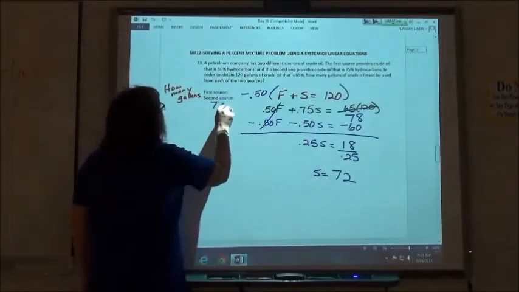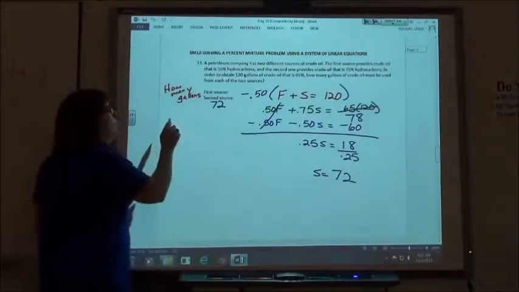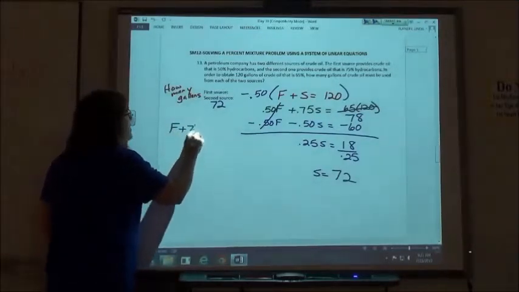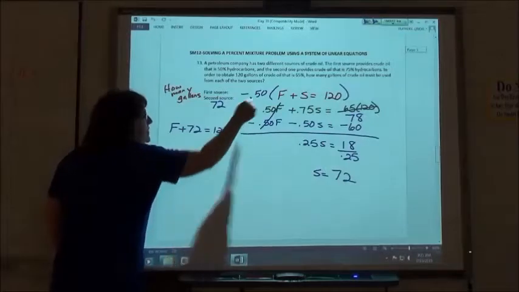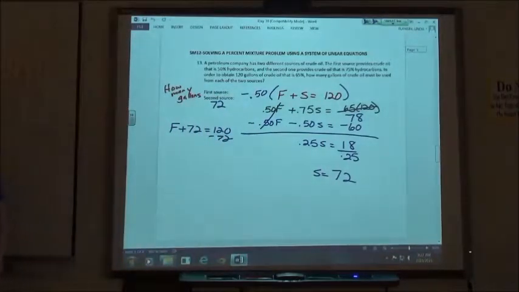So I had 72 gallons from my second source. I want to know how many gallons from my first source. I know that the first plus 72 equals 120 because the sum was 120. And so if I just subtract, I'm going to end up with 48.